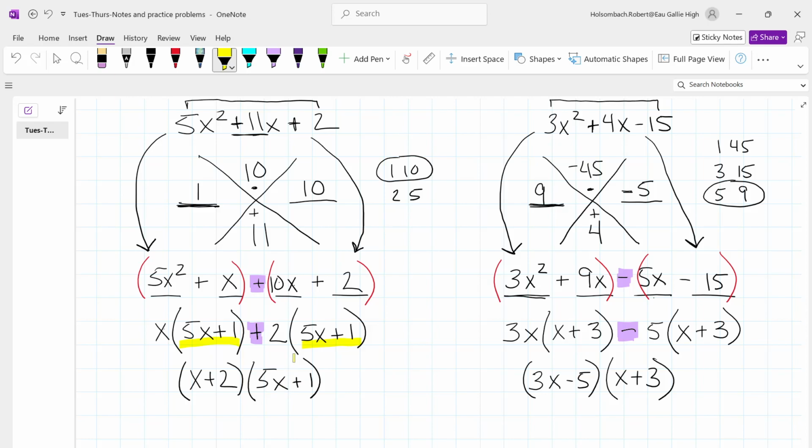We had x plus 3 in the beginning. We have x plus 3 at the end. That's real important. So just make sure you're pulling out the GCF. All right, does anybody need to see one more?